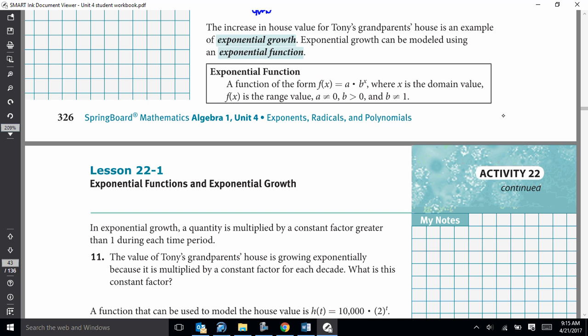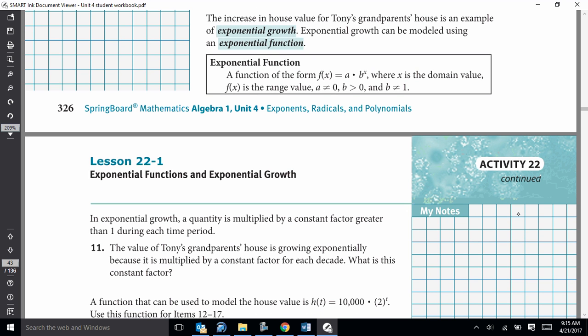Important to note, B needs to be greater than 0, and your B cannot be equal to 1, because if you're multiplying by 1, are you changing anything? No. Because 1 to any power is always 1. And your A value is never equal to 0, because 0 times any number is 0.